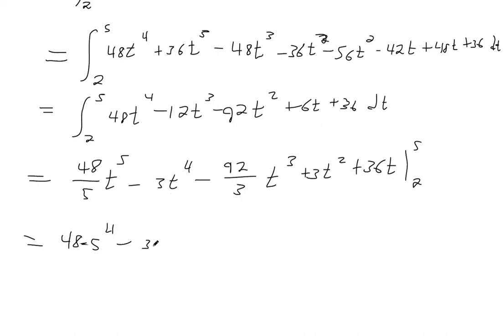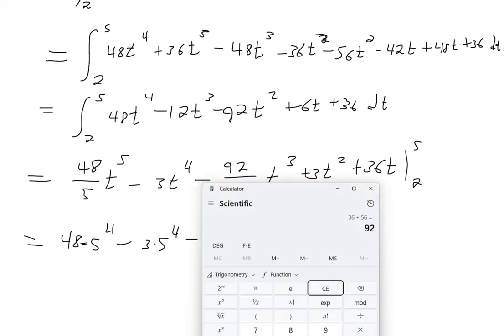Plug it in here, you get 3 times 5 to the fourth. Those are at least like terms. This is 92 over 3, 5 times 5 to the third. And then this one I can just do. That's 25, so 25 times 3 is 75. And 36 times 5, I can embarrass myself, that's 180.